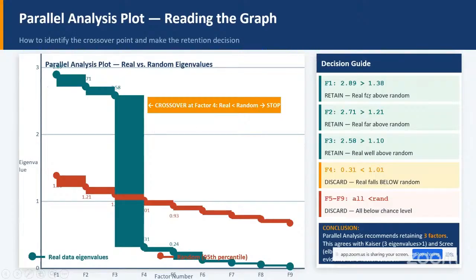So real is far above random. For F2, still it is far above random. F3, still far above. So these are the three factors we can include. But after 4, you can see 4 to 9, these are below the random values, so we cannot include those.